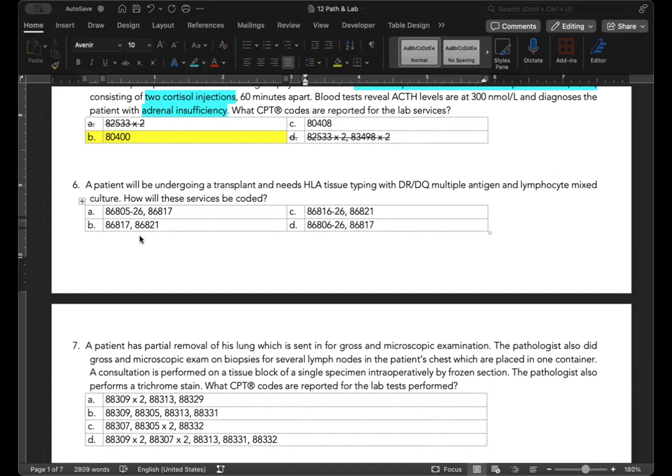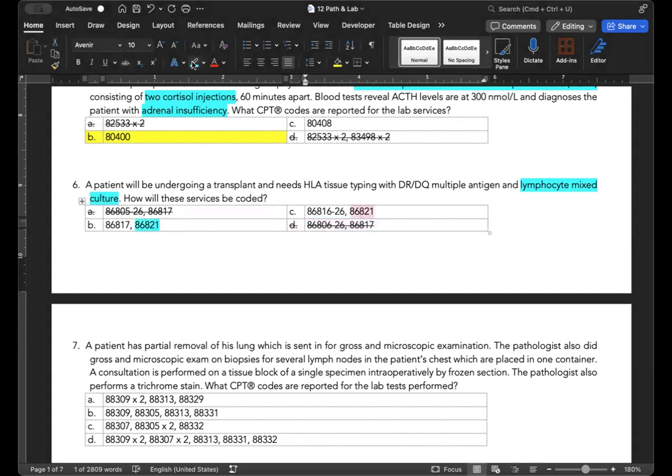So looking at 86821, that is HLA typing, lymphocyte culture mixed, or MLC. Is that what we're looking at? Yes. Yep. So we did do the lymphocyte mixed culture. Okay. So we are ruling out letters A and D because we know that we have to have that 86821.